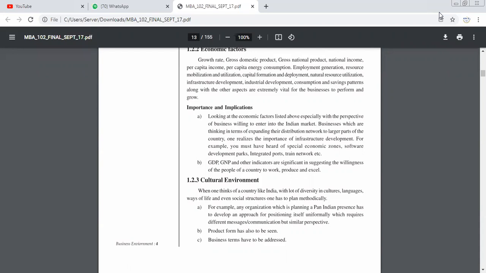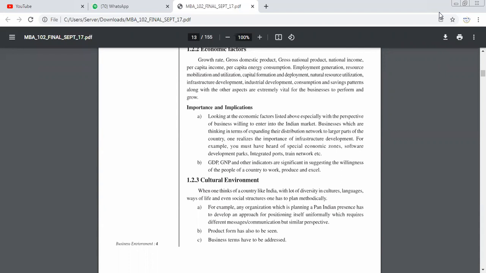In their state, suppose they are earning near about 20,000, and if they come to Maharashtra and get 50,000, why wouldn't they come and stay over here, because they are earning more money? So definitely they will try to settle in a place where they get more money. Maharashtra is such a state where people from other states come and settle down to earn more money, right? So these are all examples which come under economic factors.